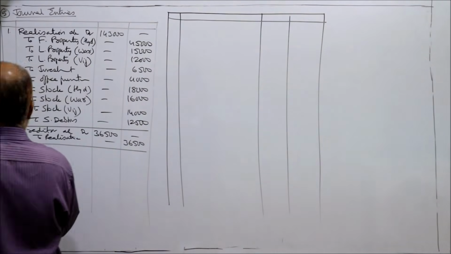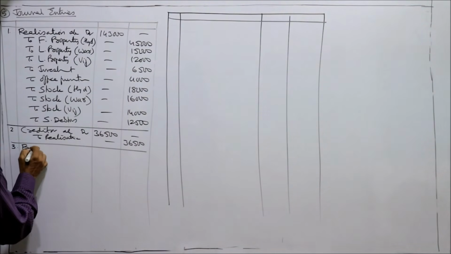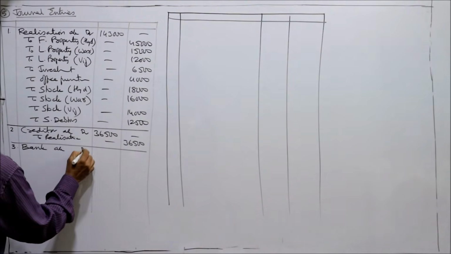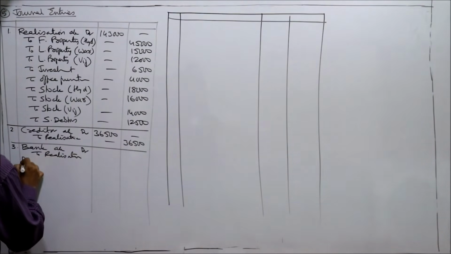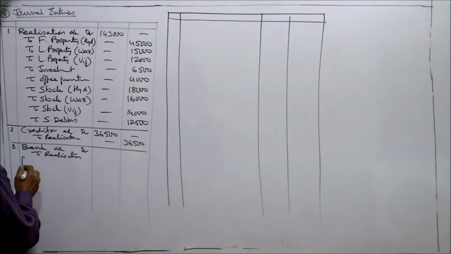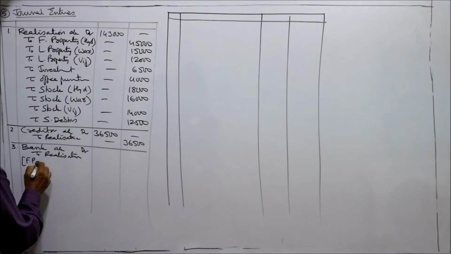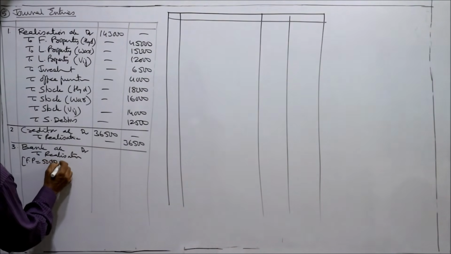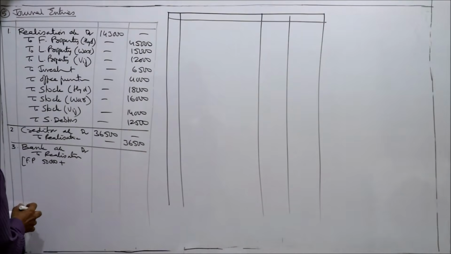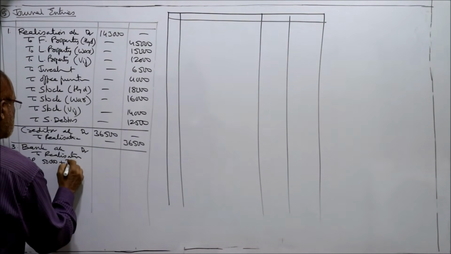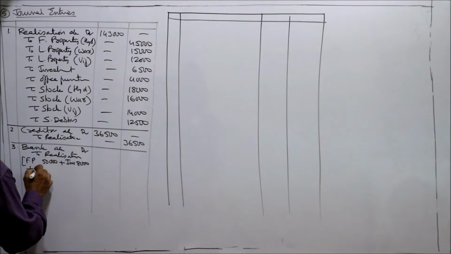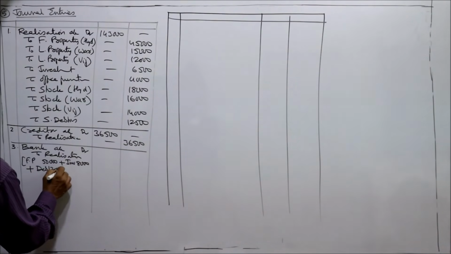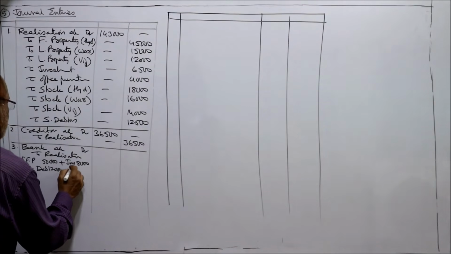Now we are selling the assets. So bank account debit to realization. Which assets are we realizing? Freehold property 50,000 plus investment 8,000 plus debtors 12,000 plus furniture 3,000.